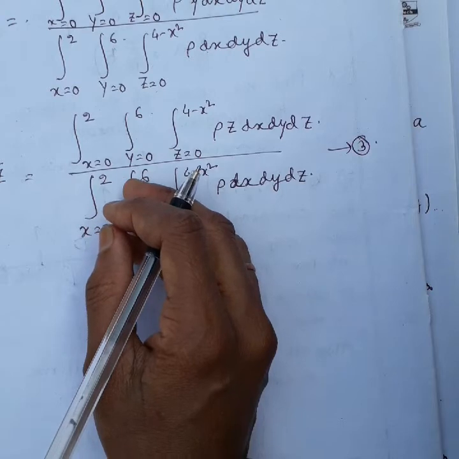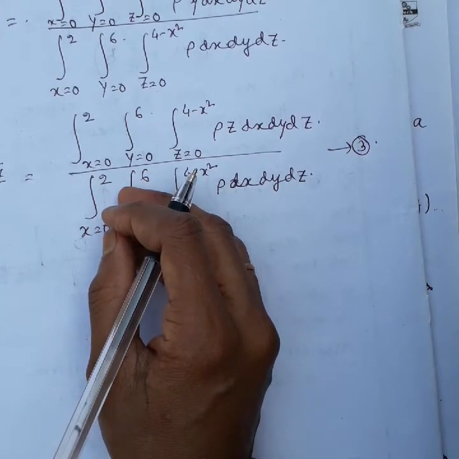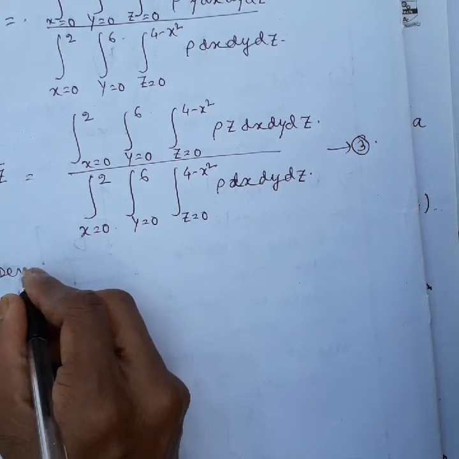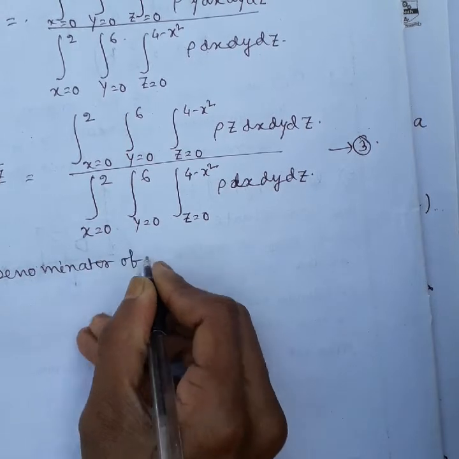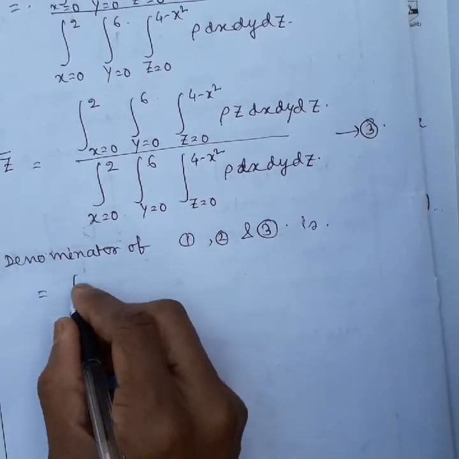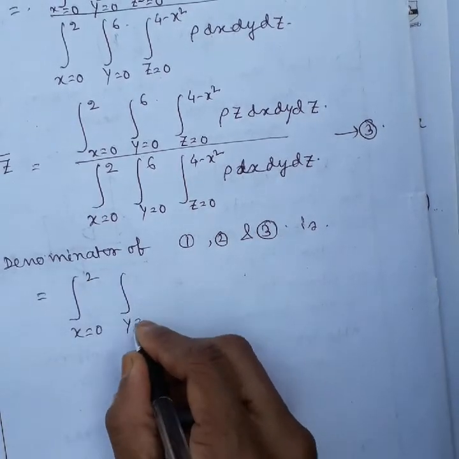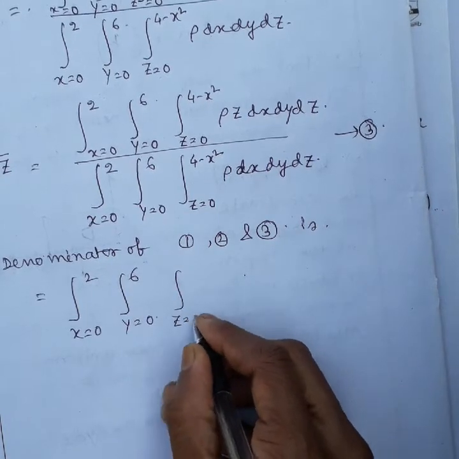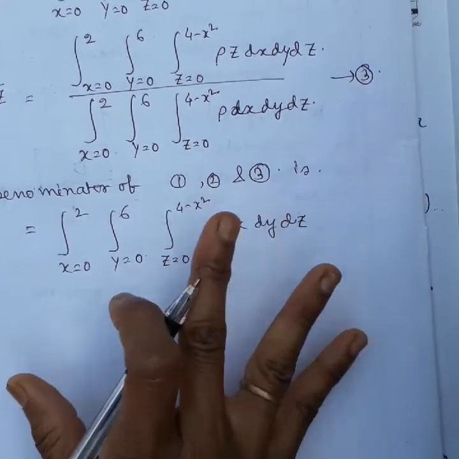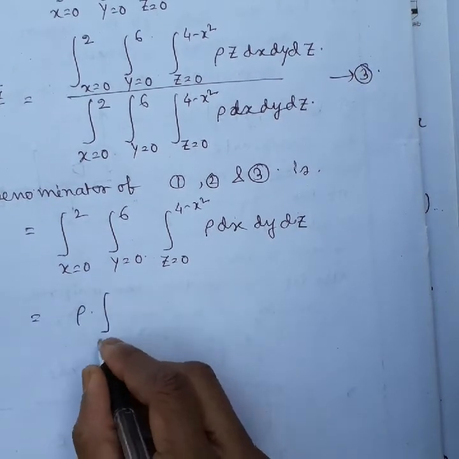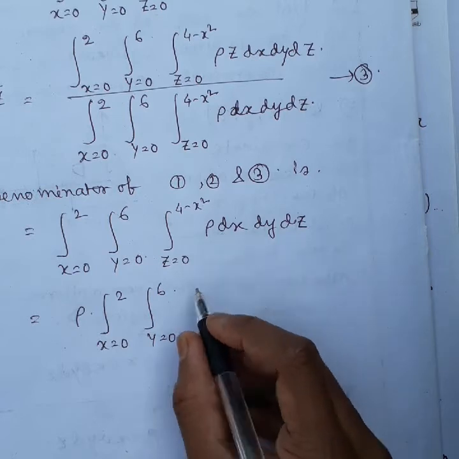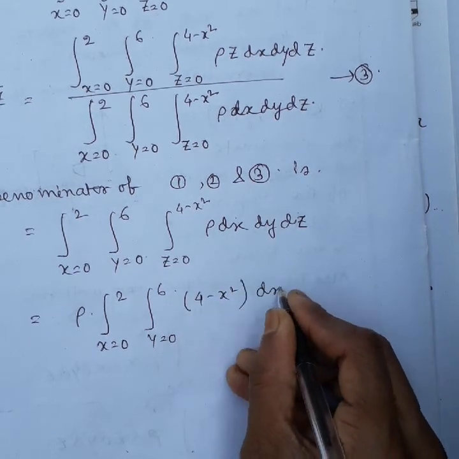Now first we have to find the denominator of 1, 2 and 3, which is the integration of x from 0 to 2, y from 0 to 6, and z from 0 to 4 minus x square, rho dx dy dz, that is equal to rho into the integration of x from 0 to 2 and y from 0 to 6, 4 minus x square dx dy.